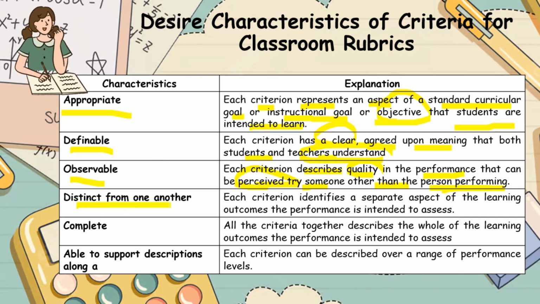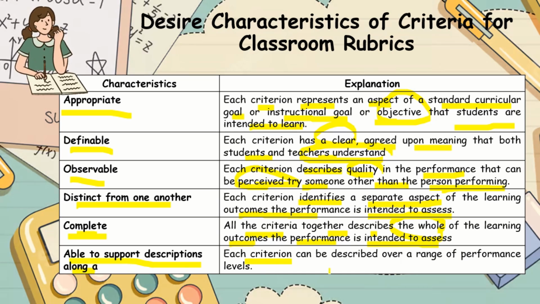Next is distinct from one another. So each criterion identifies a separate aspect of the learning outcomes the performance is intended to assess. Next is complete. All the criteria together describe the whole of the learning outcomes the performance is intended to assess. So it must be complete. It does not just describe one aspect of the assessment. Next is able to support descriptions, I am so sorry, descriptions along a continuum of quality.